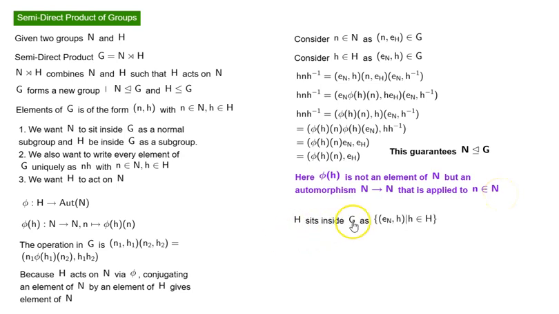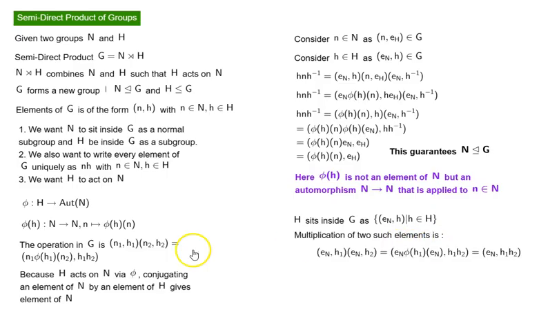H sits inside G as the ordered pair (e_N, h), where h is in H. Multiplication of two such elements, (e_N, h1) times (e_N, h2), is equal to, again using this operation, we calculate: e_N times phi of h1 of e_N, comma h1 h2.